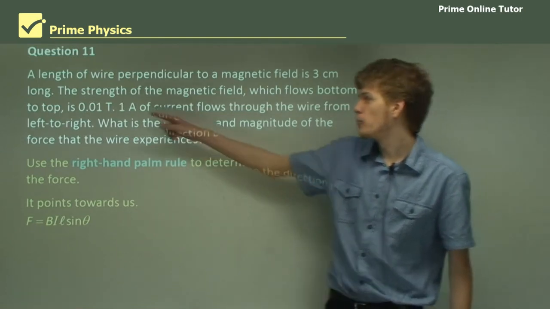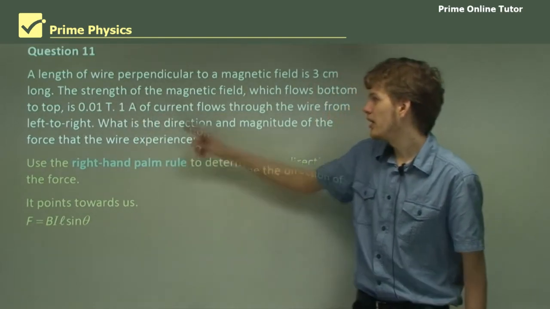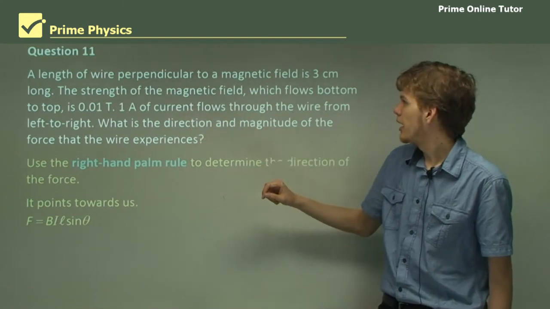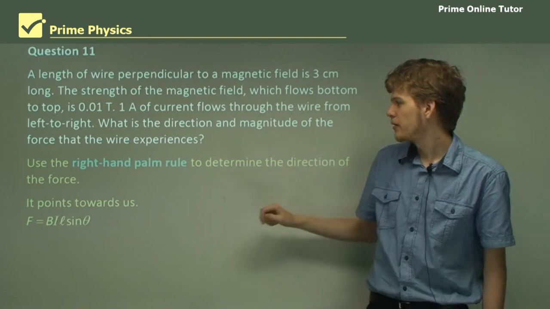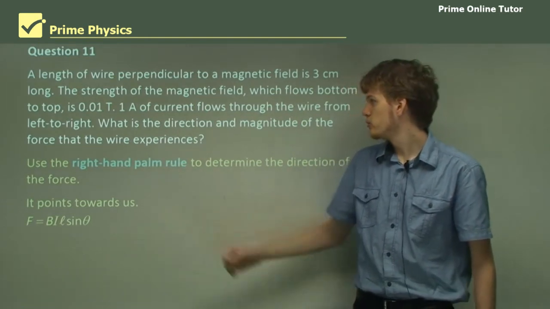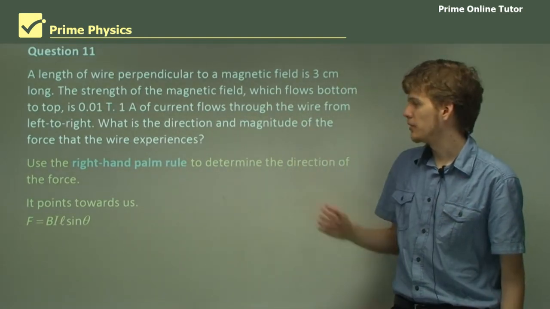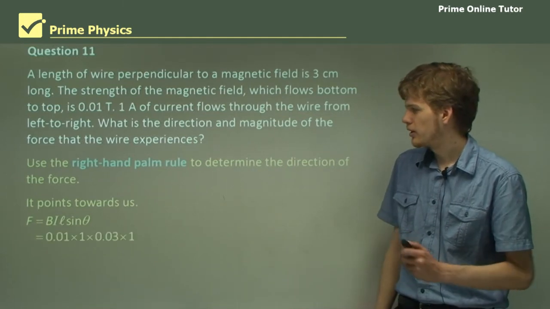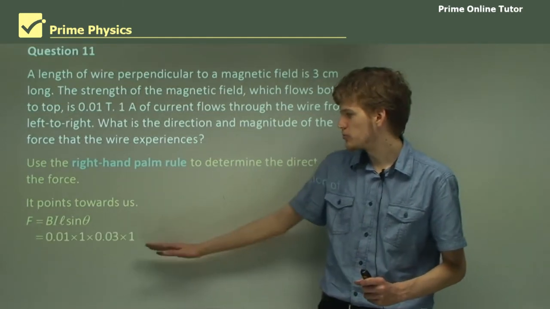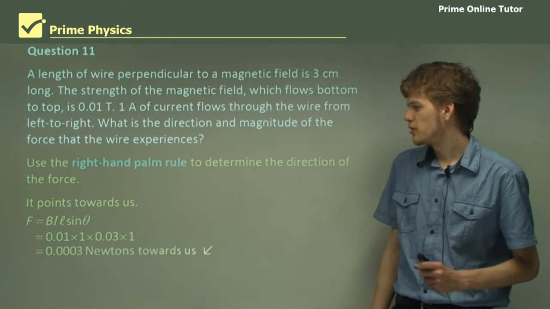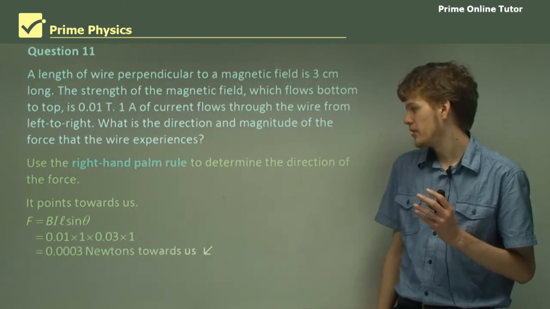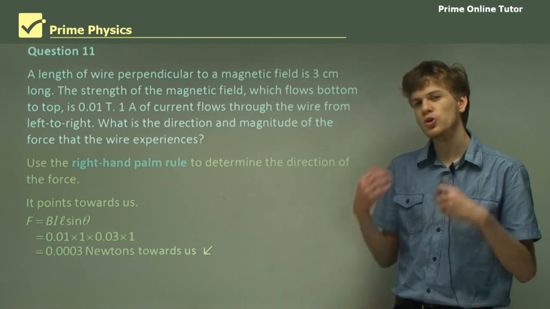So B equals 0.01, I equals 1, L equals 0.03 meters, and sine theta will be 1 because we're perpendicular. So 0.01 times 1 times 0.03 times 1 gives us an answer of 0.0003 newtons towards us.